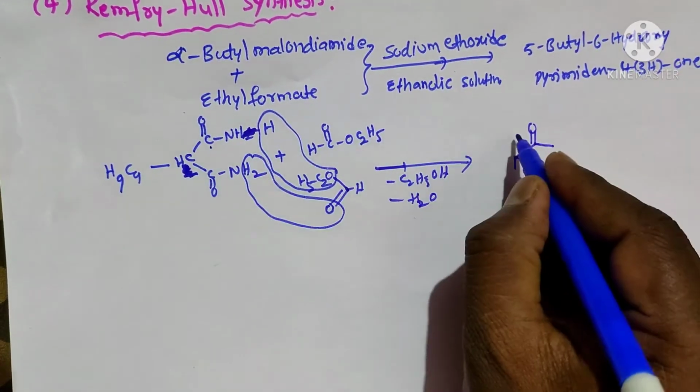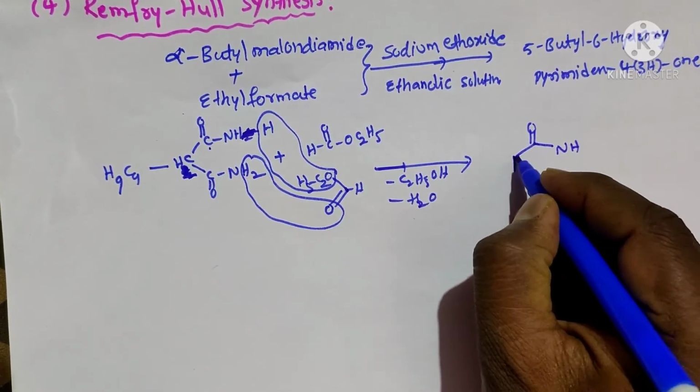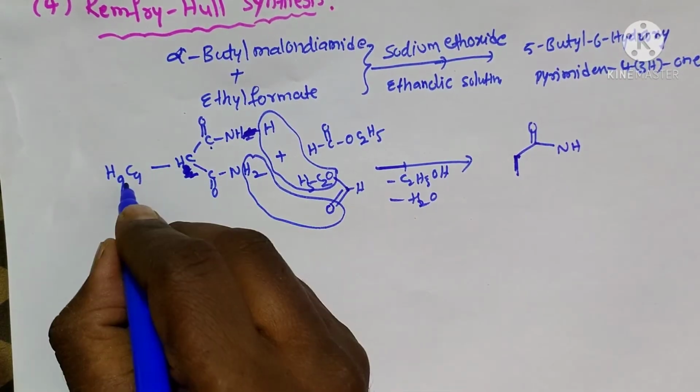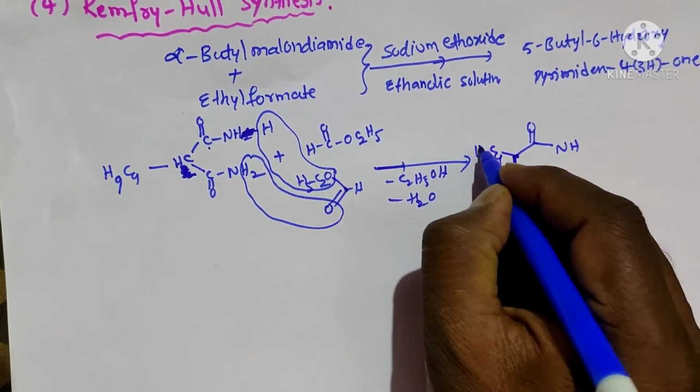As a result, this is C double bond O and NH, and look at this, at this carbon we are writing C4H9.